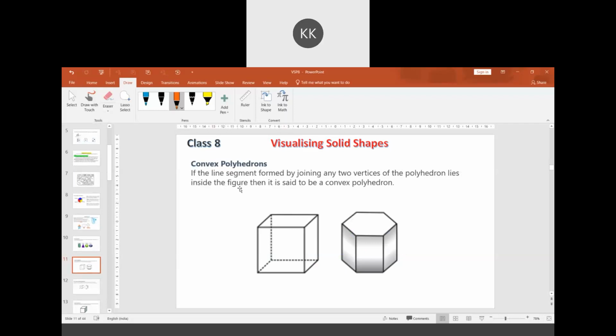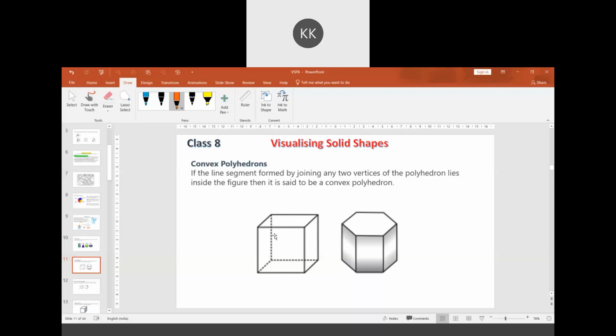As we have learned, convex polygon, concave polygon. Similarly, we have convex polyhedron. Convex polyhedron is made up of line segments and vertices, and it makes a polyhedron which will not go inside.